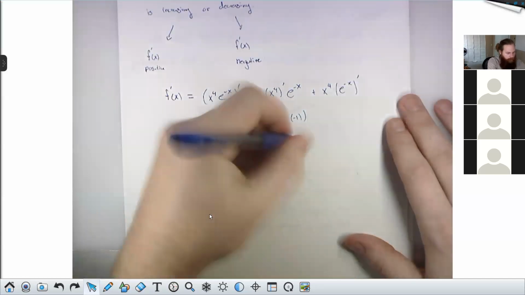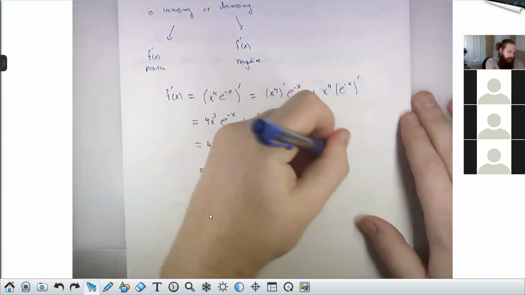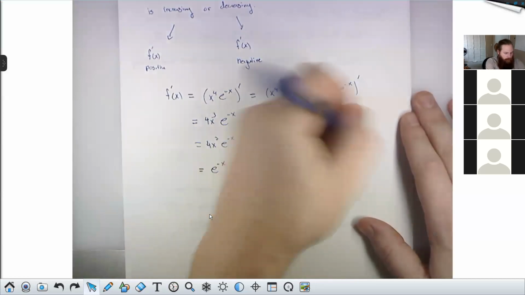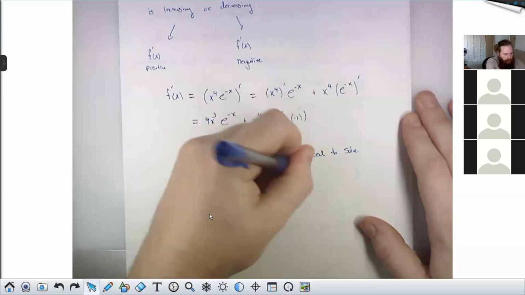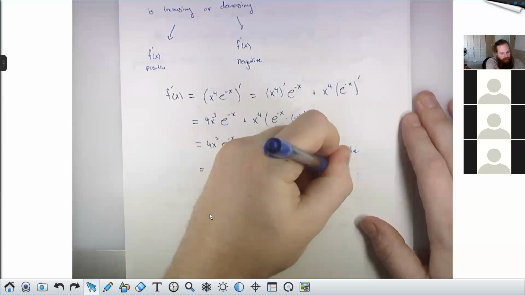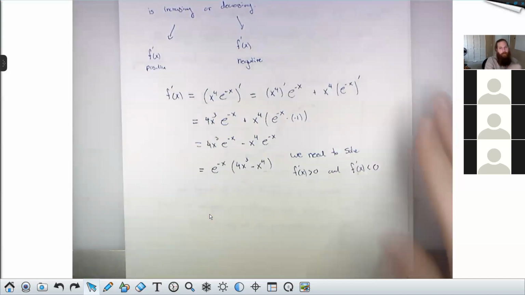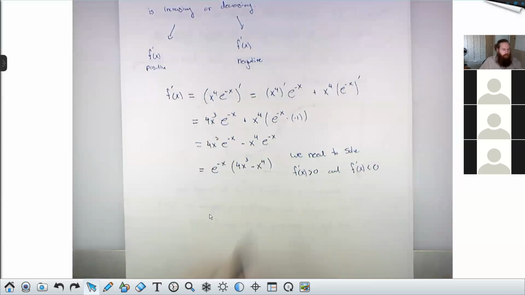So we need to solve the two inequalities. f prime of x is greater than 0. That will tell me where we're increasing. And f prime of x is less than 0. That will tell me where I'm decreasing. And I can solve both of them at once by factoring and drawing a number line.